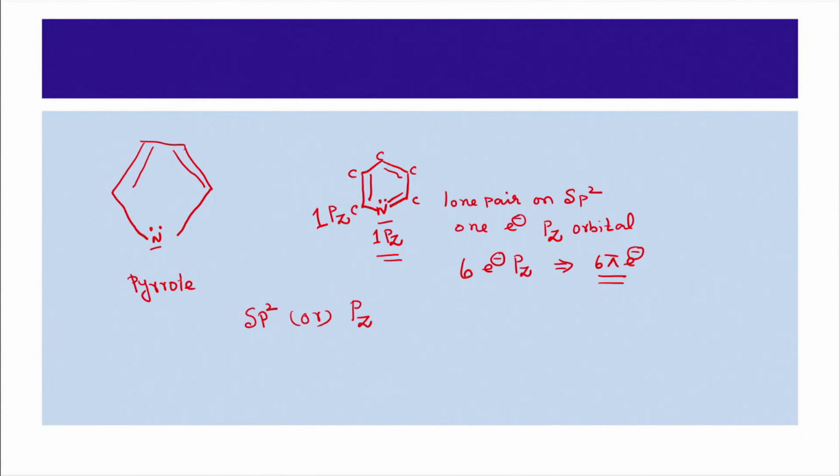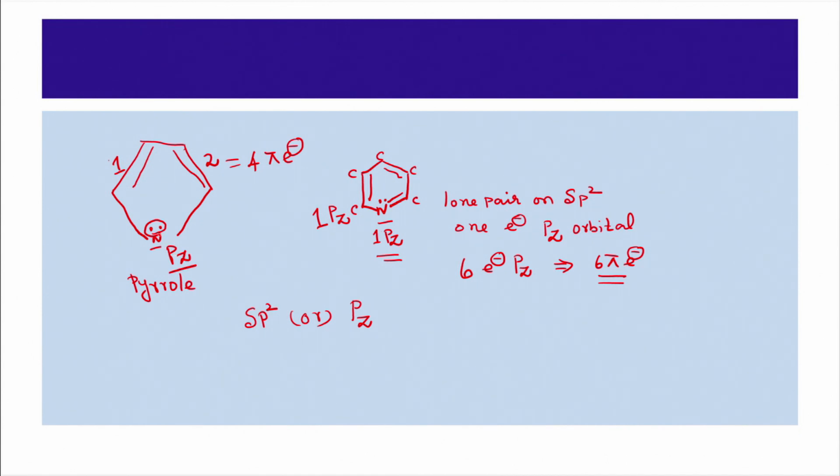But if we take pyrrole, we have 2 pi bonds, so there are a total of 4 pi electrons. There are 2 more electrons, the lone pair on the nitrogen, and this also should be on the pz orbital.